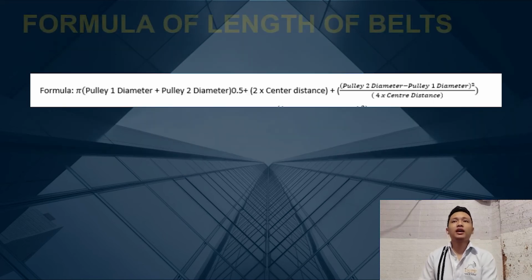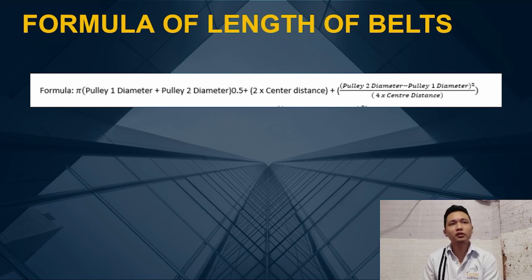So the next formula is the length of belt. The formula is pi times the diameter of the first pulley plus the diameter of the second pulley, times 0.5, plus 2 times the center distance, plus the diameter of the second pulley minus the first pulley, squared, divided by 4 times the center distance.